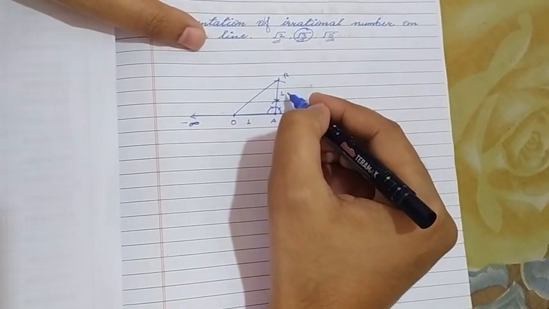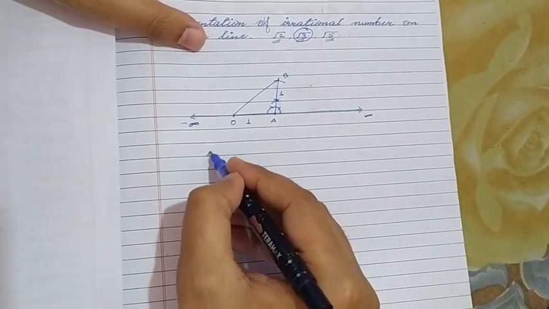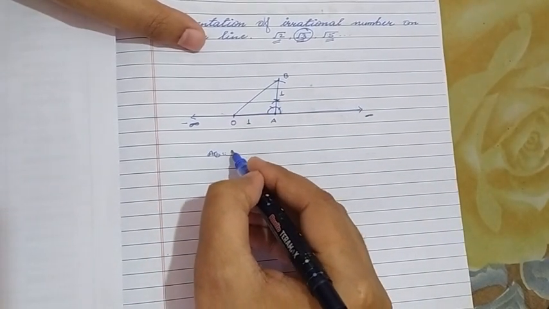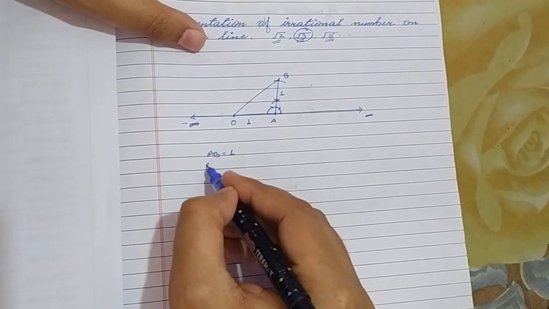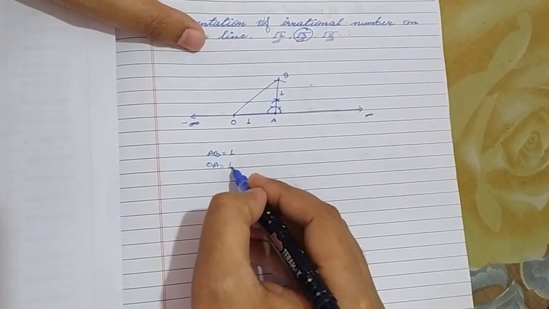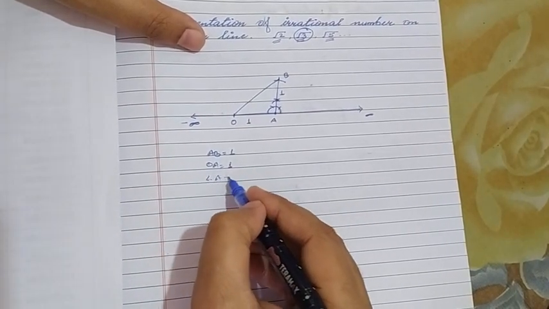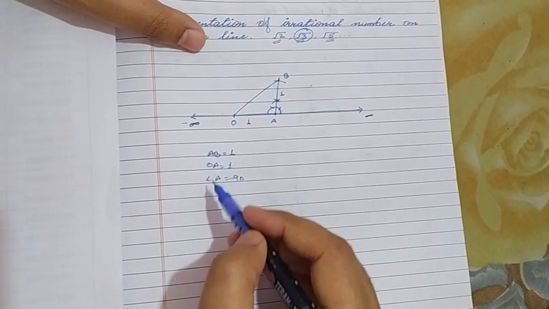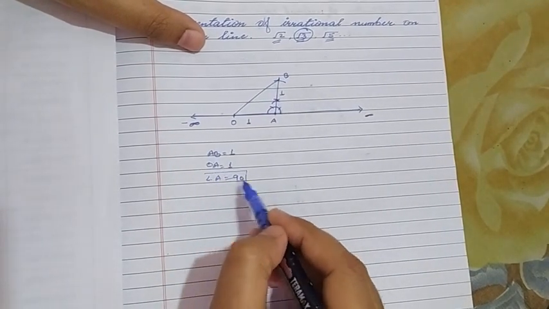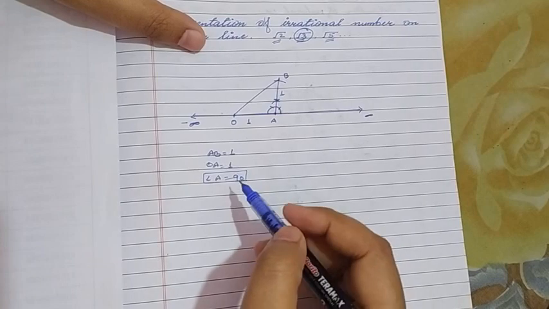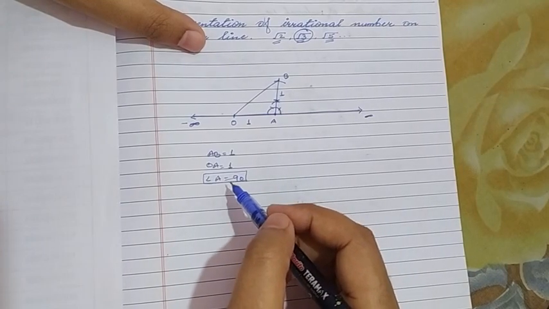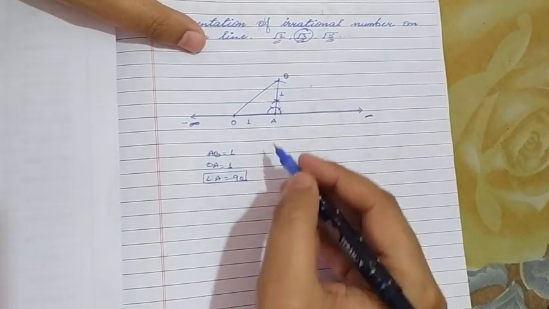So here AB is equal to 1 unit, OA is equal to 1 unit and angle A is equal to 90 degree. Since angle A is 90 degree, by Pythagoras theorem we'll find the length of OB.